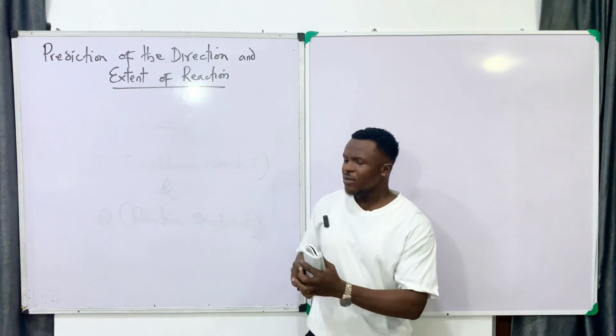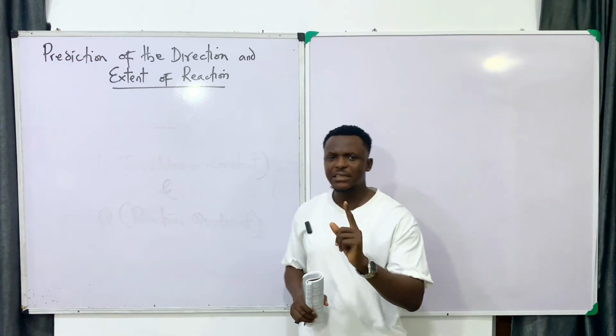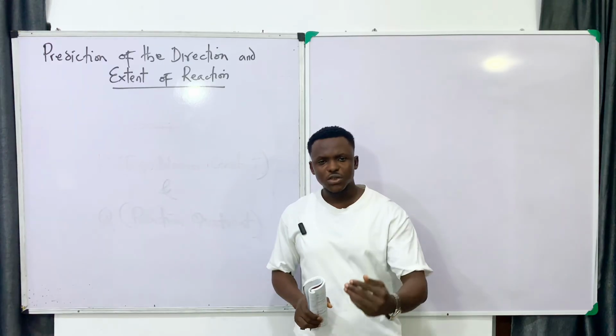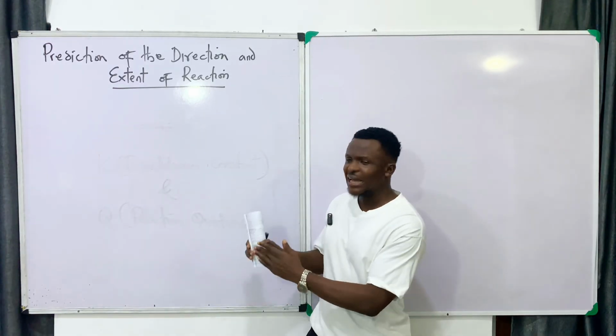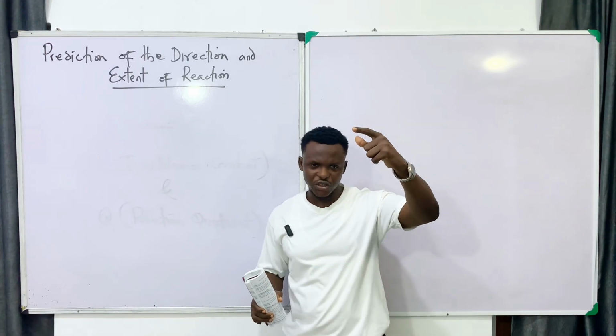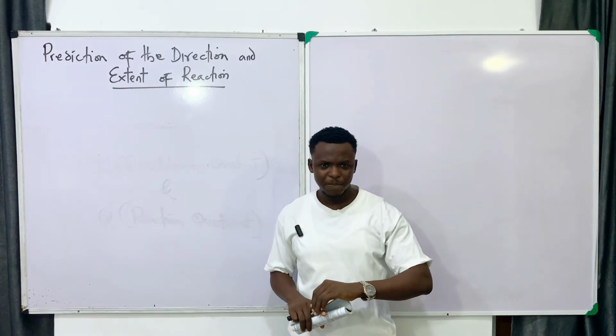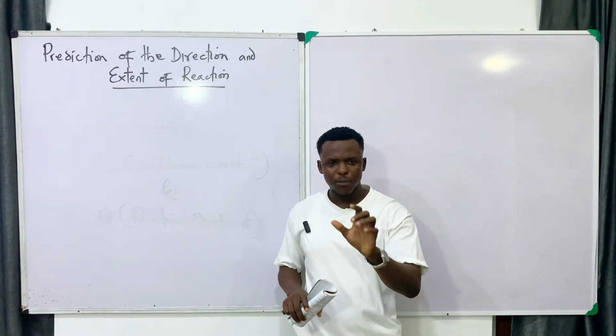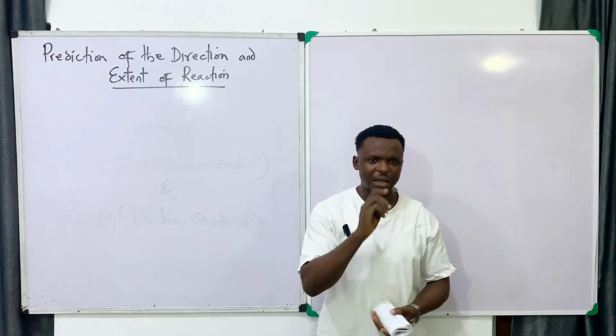Now, if you could recall also, I defined equilibrium constant as the ratio of the concentration of the product to that of the reactant, each raised to their coefficient. That particular definition is at equilibrium. Now, how do we define reaction quotient?